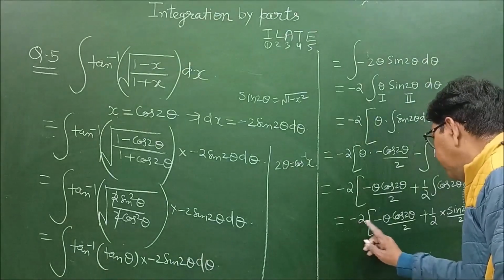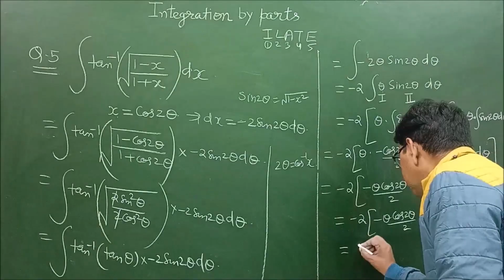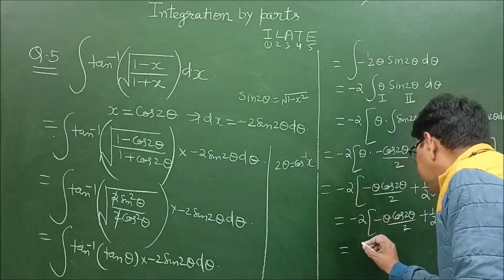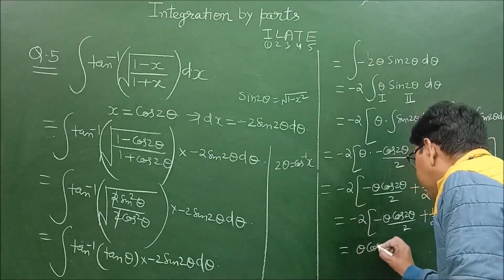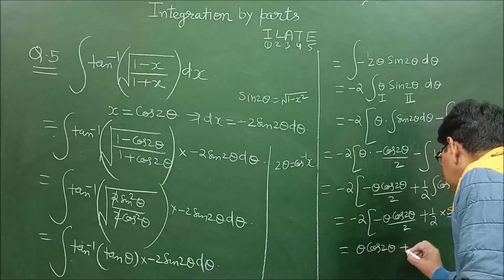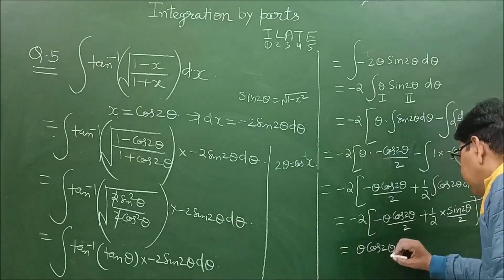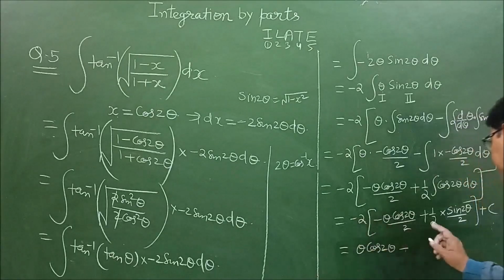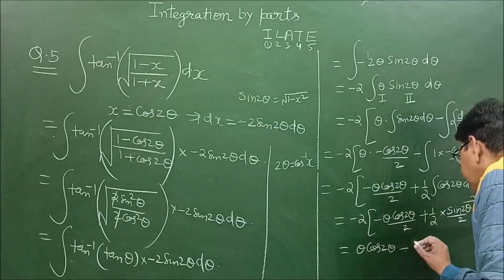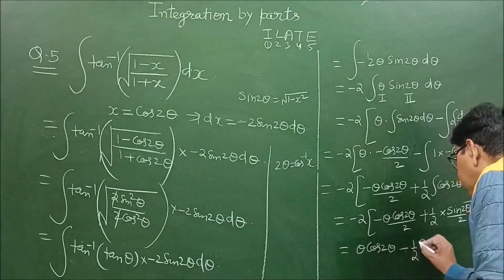This is equal to, minus and minus is plus, so this 2 and 2 get cancelled, theta cos 2 theta, plus, this 2 and 2 also get cancelled, minus and plus is minus, half sin 2 theta plus c.